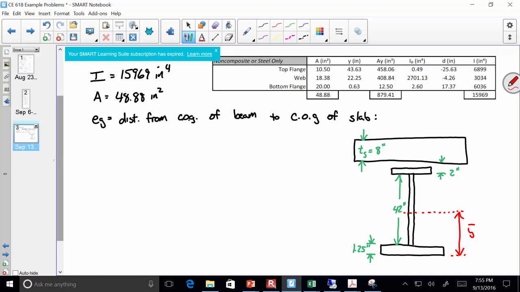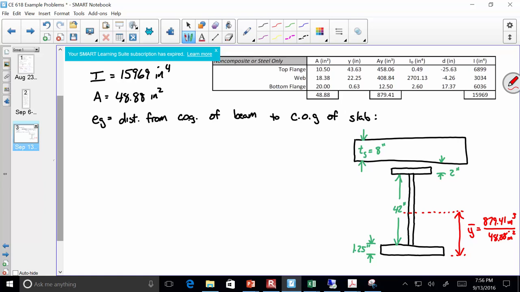I propose that that is 879.41 inches cubed over 48.88 inches squared. Y'all see where I'm getting that? I'm wanting you to follow the numbers. Make sense? So sum of AY over sum of A, okay, for the steel beam by itself.